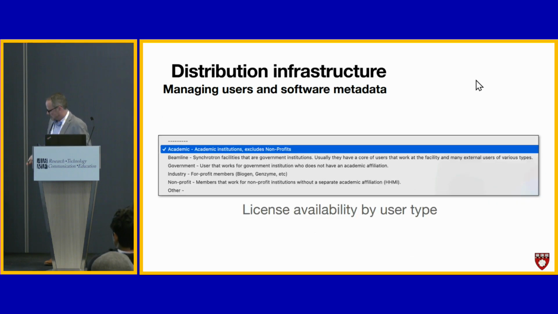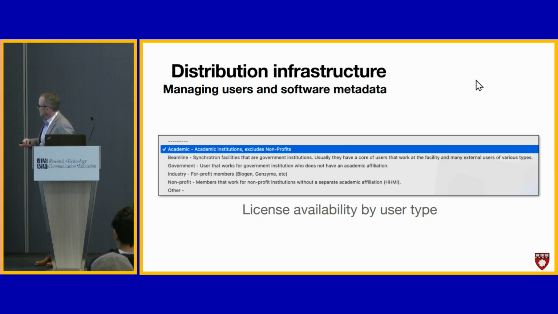Most importantly, we manage our members, who come from certain groups: academic, beamline, government, industry. Each group has access to a different set of licenses for each title. If you're an academic, you get access to the academic-only software. If you're industry, you only get open source software, unless you have licenses.